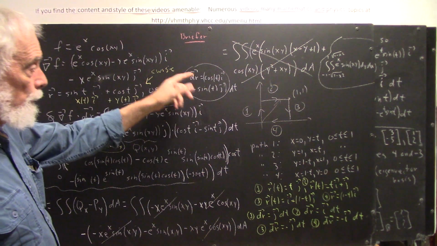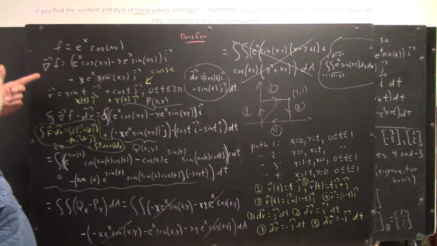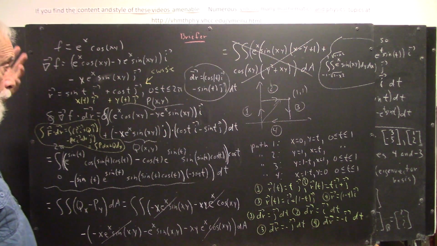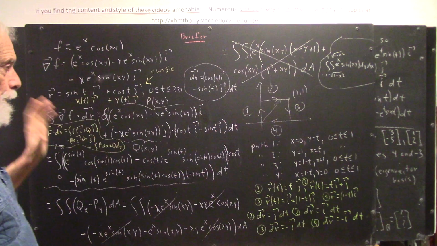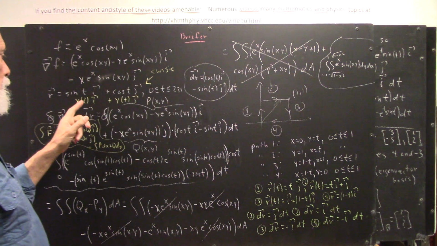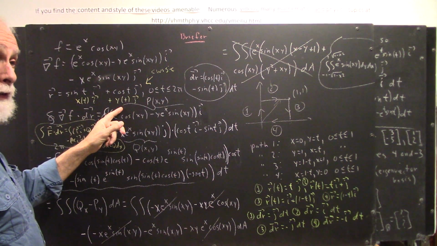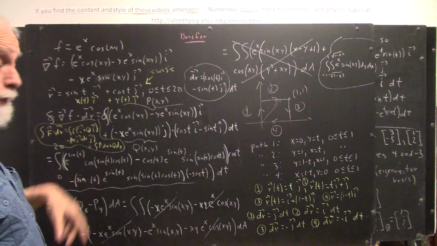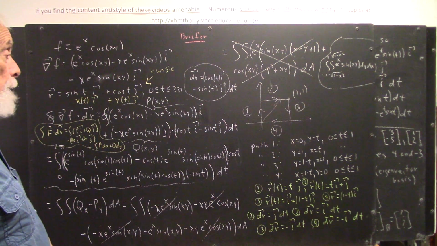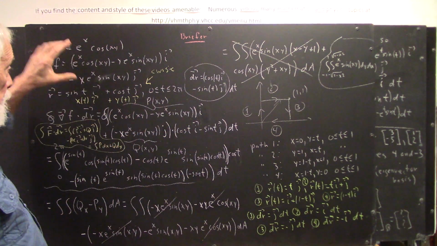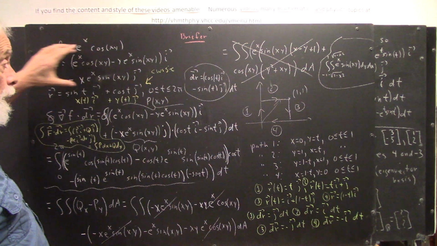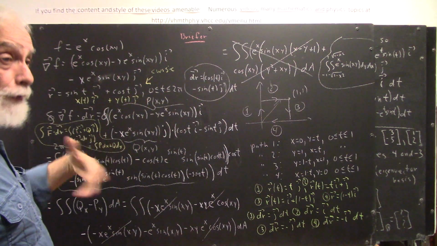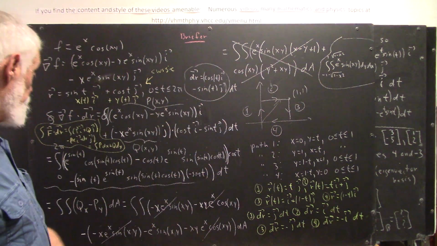Okay, now we've parameterized our dr in terms of t, so we really want to parameterize del f in terms of t. If we use the x of t functions as specified in our parameterization of the curve, then we're guaranteed that these del f expressions will be evaluated on that curve.